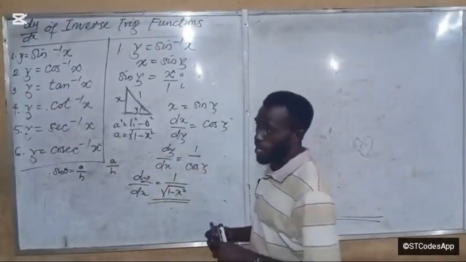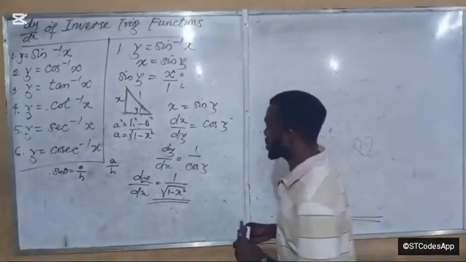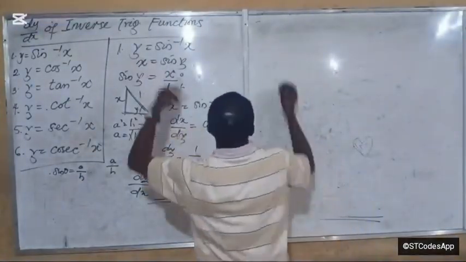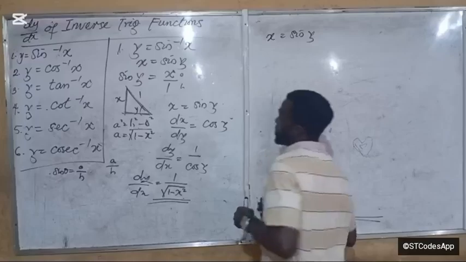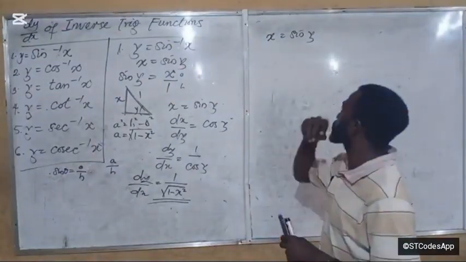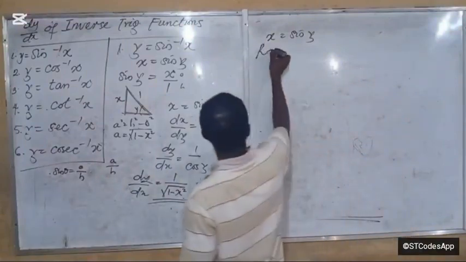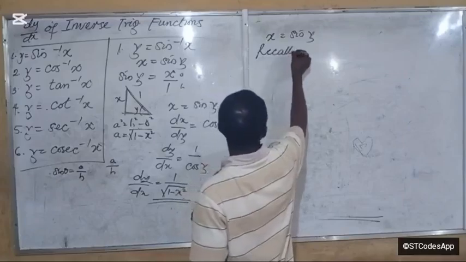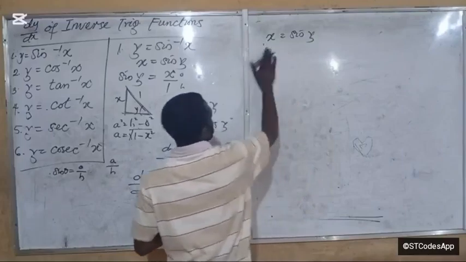Now with method 2, you have to know what we call trigonometric identities, okay? So from here, I'll pick it from here, that x is equal to sine y, isn't it? Since x is sine y, remember or recall, before we recall, let's take dx/dy.